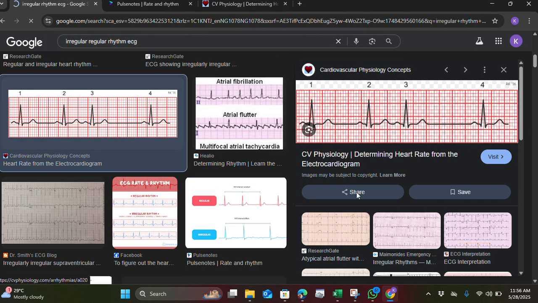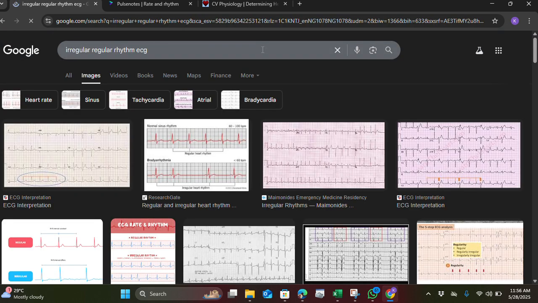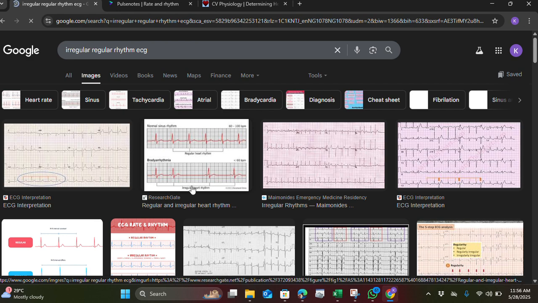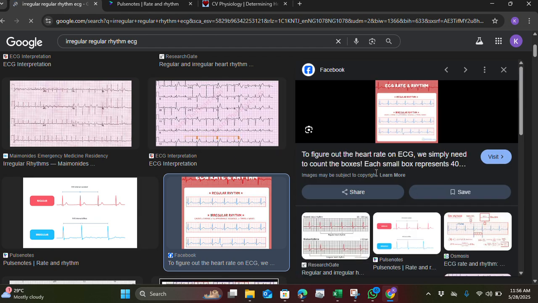So that's what happens in a regular irregular rhythm. The RR interval is usually consistent, but then there will be multiple P waves. Or the RR intervals should be inconsistent and then the P waves should be okay.